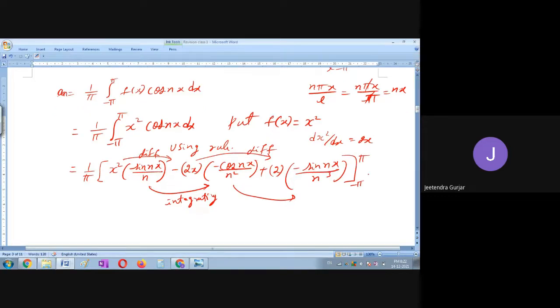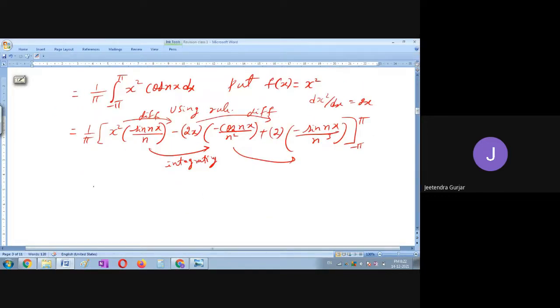Then always remember this, friends, sin pi is 0 or sine minus pi is also 0. So ultimately this full term will tend to 0 and this full term tends to 0. So please remember this always, friends. You can see this is going to be 0 and this is going to be 0.